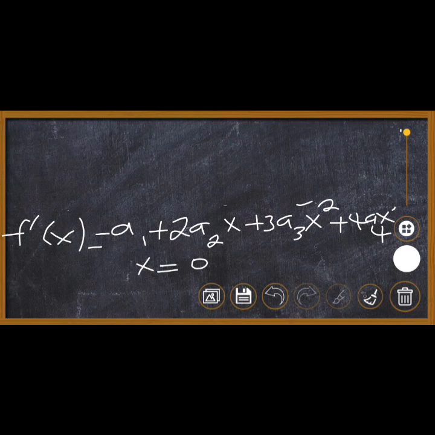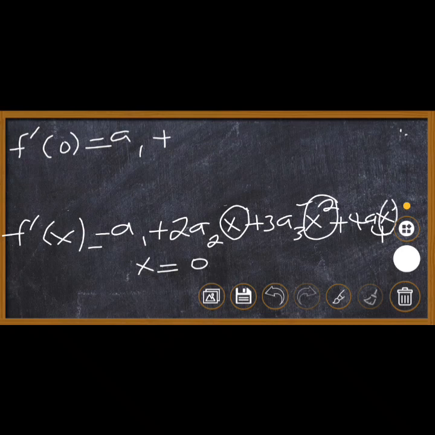Okay, so remember we are first deriving the formula instead of just going directly into the formula. Let's know how this is coming about. So when you replace where there is x with 0, what are we going to have? In the first derivative, we replace with 0, we are going to have a1 plus. Now the other terms are going to cancel out, because 0 multiplied by 2 a2 is just 0. 0 multiplied by 3 a3 is just 0. 0 multiplied by 4 a4 is just 0.